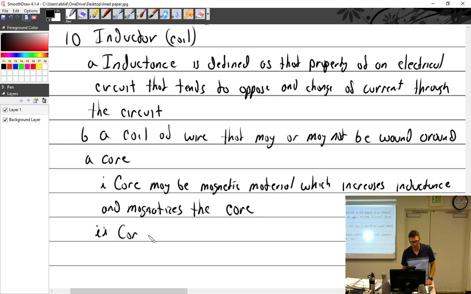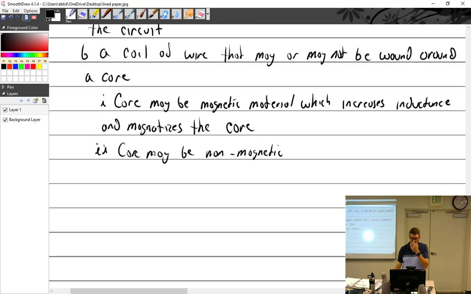It may also be, or maybe in lieu of, non-magnetic, such as air or an insulator, glass, something like that, which decreases inductance.